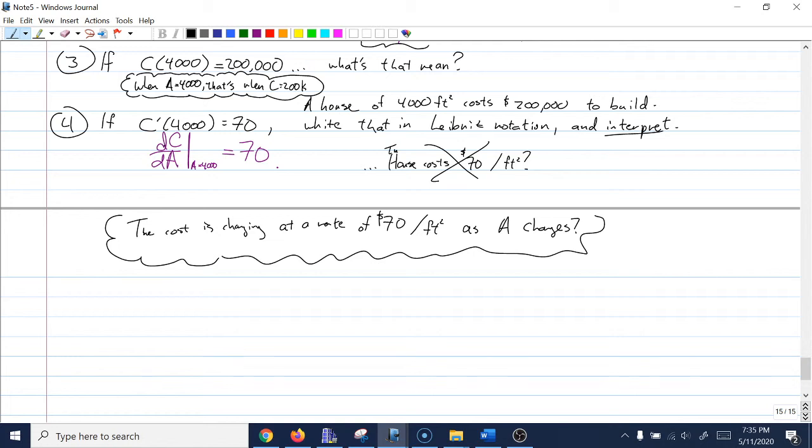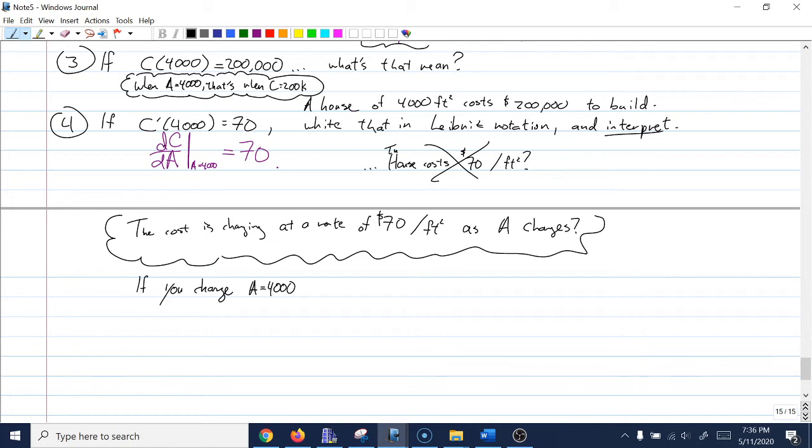So I know that a 4,000 square foot house is going to cost this much. And if you wanted to change that 4,000 a little bit, so I've been talking about building a 4,000 square foot house, and I'm thinking about making a small change, and I'm interested in how that is going to change the price.